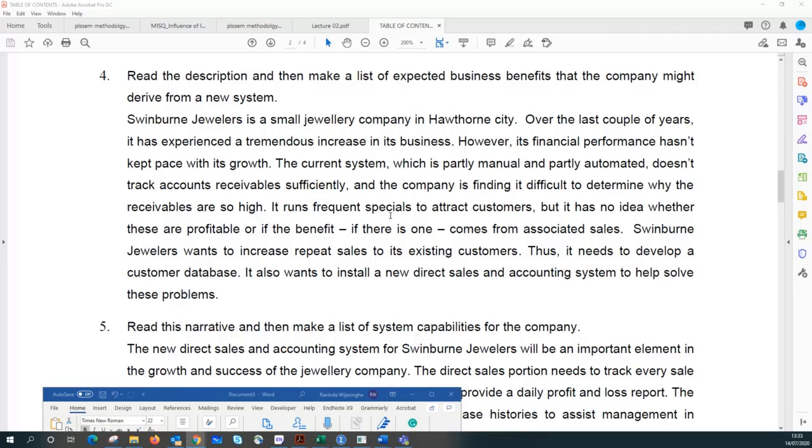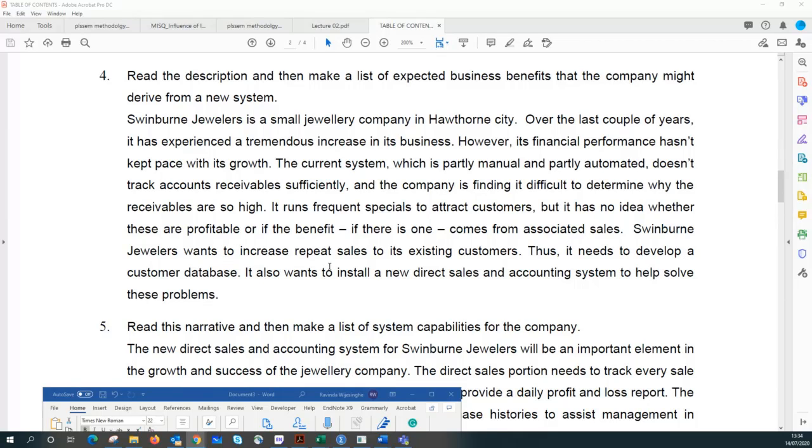It runs frequent specials to attract customers, but it has no idea whether these are profitable, or if the benefit, if there is one, comes from associated sales. There is no link that can be established between the specials they run and their impact on sales.